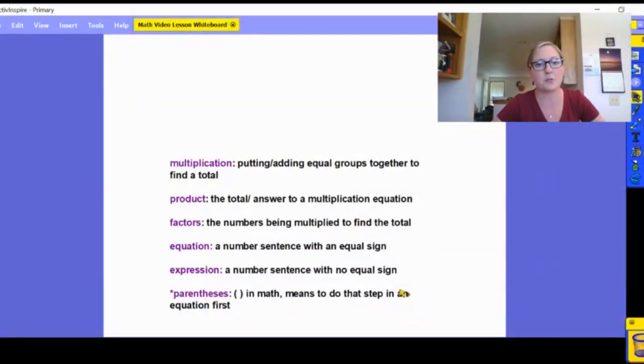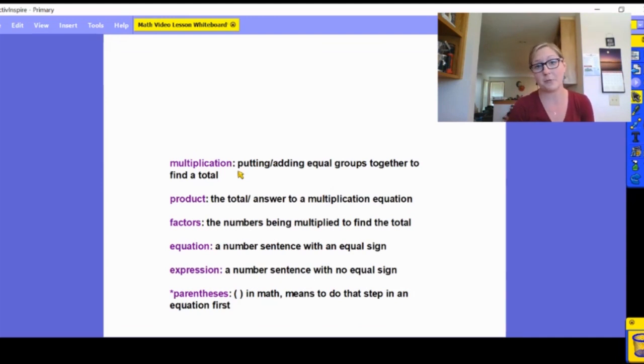I wanted to go through some important vocabulary words and just make sure we're feeling good about the meanings of each of these words. So instead of having the word wall in the corner today, I thought we could just look up the word wall really quickly on its own. So we're doing some multiplication today, working with multiplication problems. And that just means we're putting or adding equal groups together to find a total.